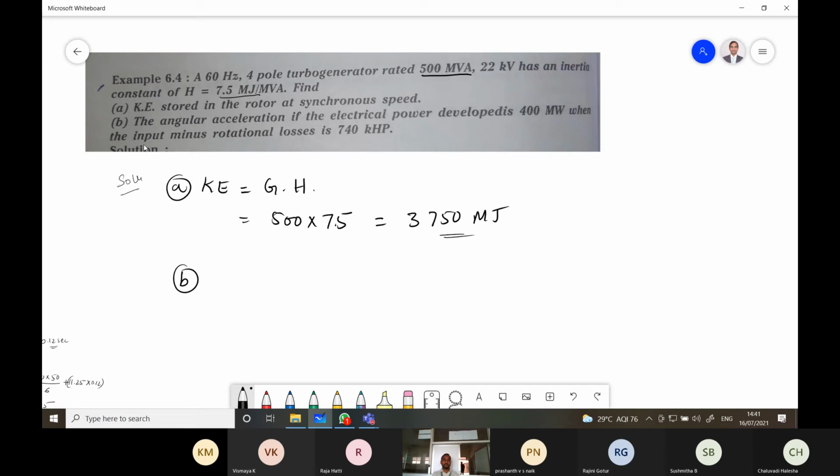Second one, the angular acceleration. We need to find that angular acceleration, which is d square delta by dt square. It can be found by using the swing equation. What is your swing equation?